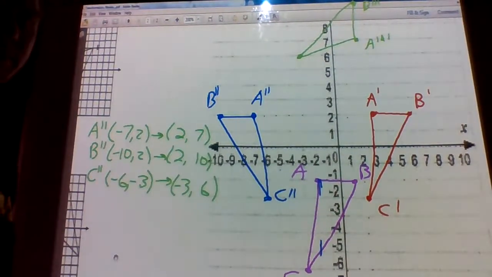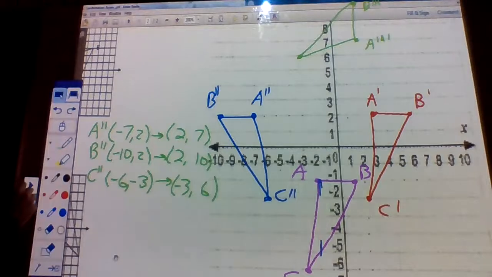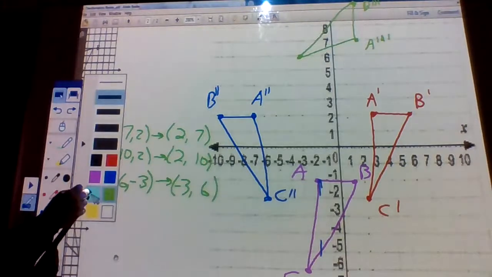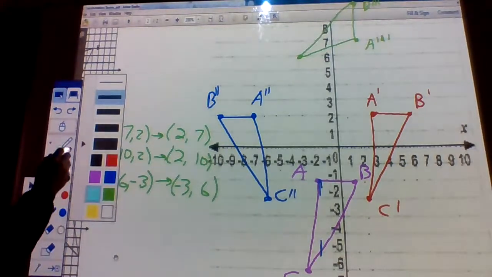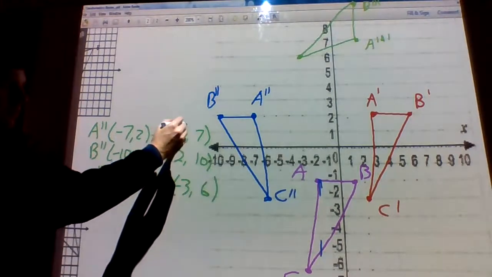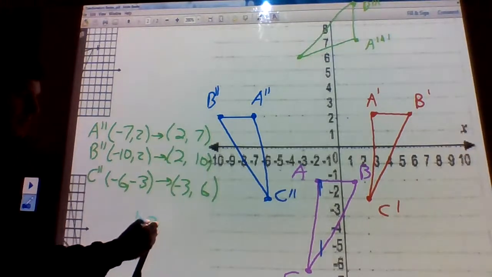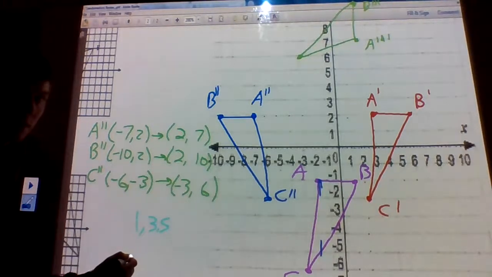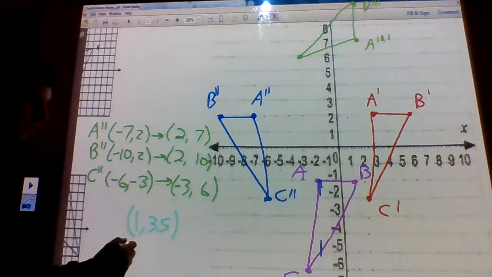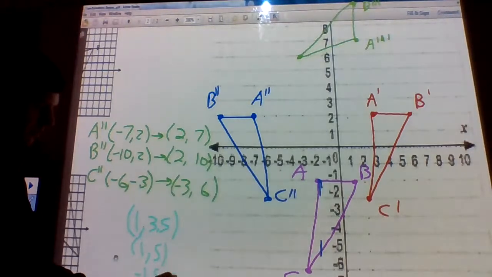Okay. The last step here was a scale factor of 1/2. So if I have another color that works, that you can see, probably not, but let's try it anyways, we multiply all of these by 1/2. So this is going to become 1, 3.5. Can't really see that. It's okay. 1, 5. And then negative 1.5, 3.